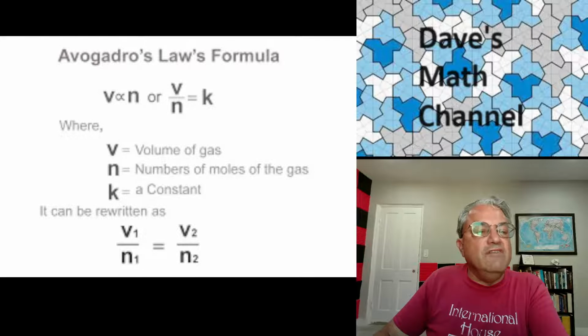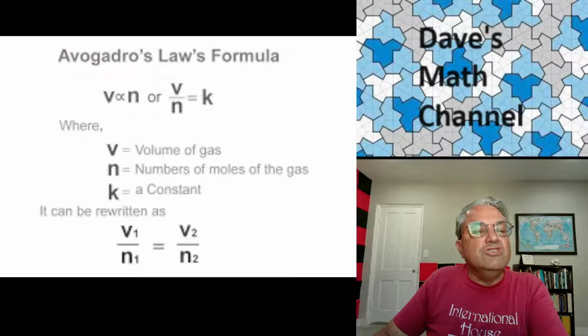It turns out to be Avogadro's number, which is a huge number, about 6 times 10 to the 23rd. 1 mole is defined as Avogadro's number of molecules of a gas. So if you have a fixed number of molecules of a gas, which we denote as n, then if you take the ratio V over n, that's a constant.